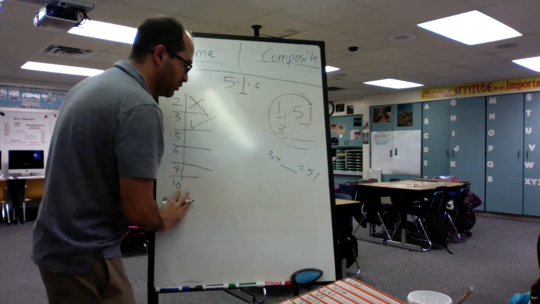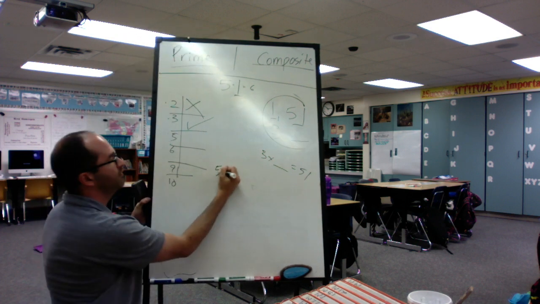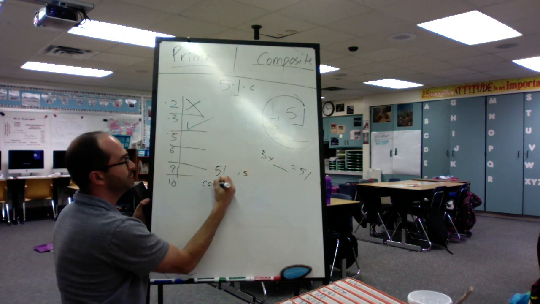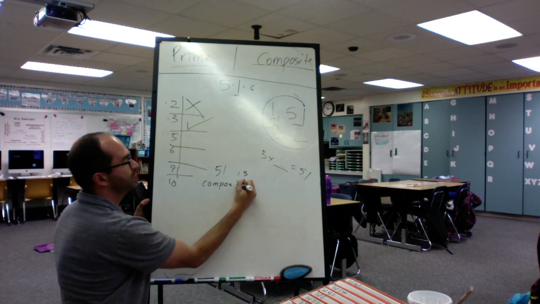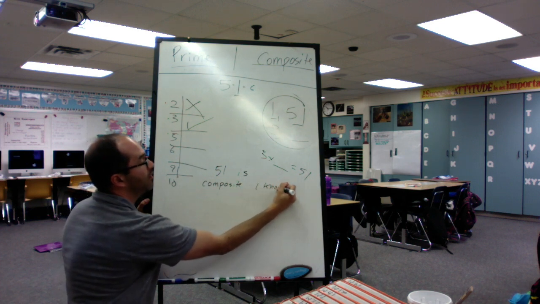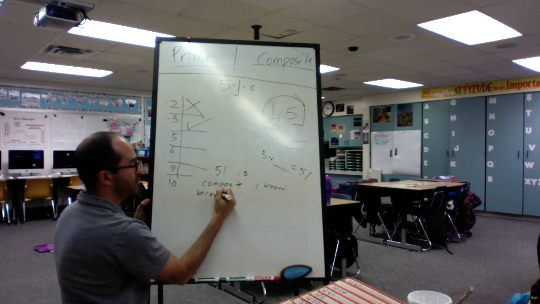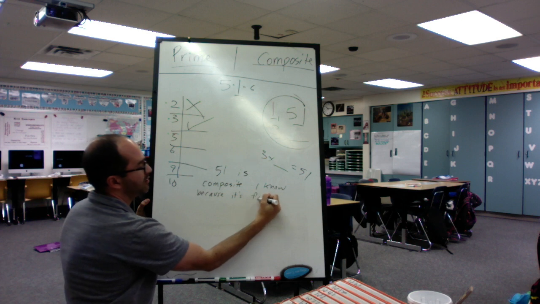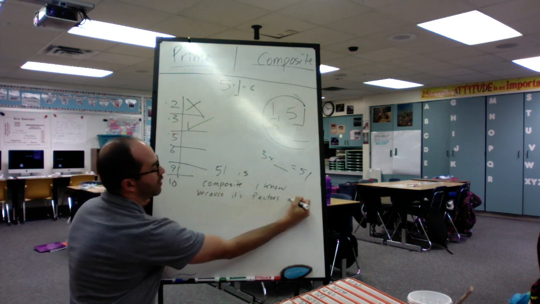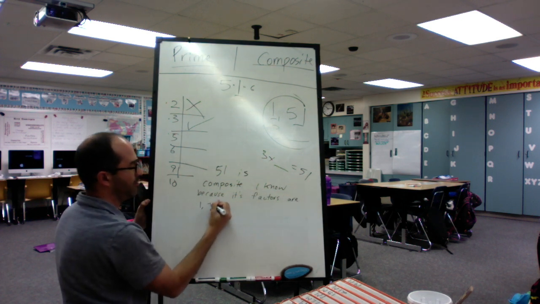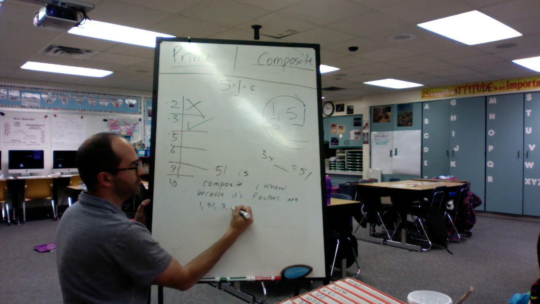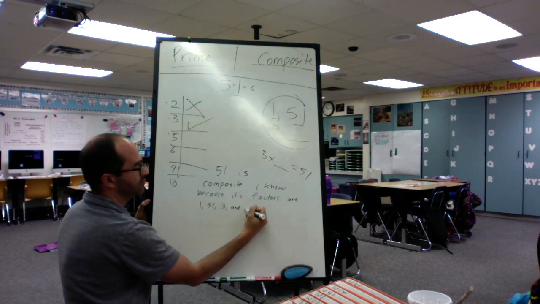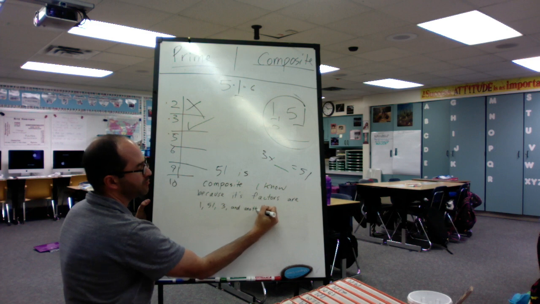So what I would write is I would say 51 is composite. I know because its factors are 1, 51, 3, and another number.